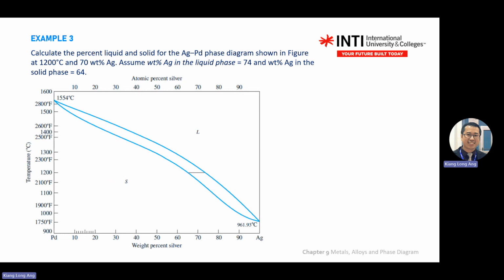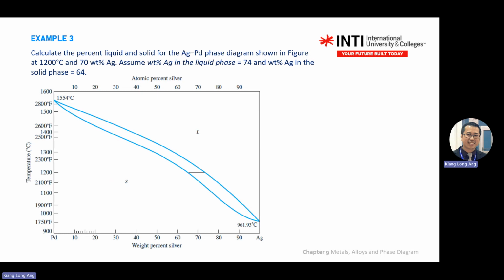So you have the total length already. So the one is O. You know your O, your O is 70%. So it's a very easy concept. You have 3 points already, very easy already. This graph is L, O, S. Then you have 70, 74, 64. So if you just want to memorize it, very easy.